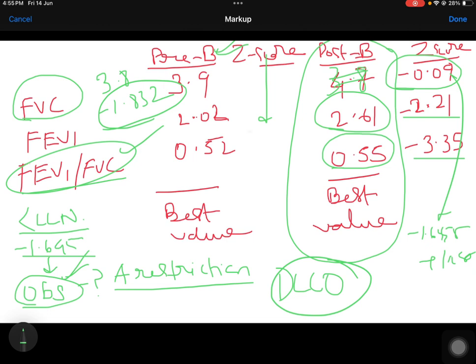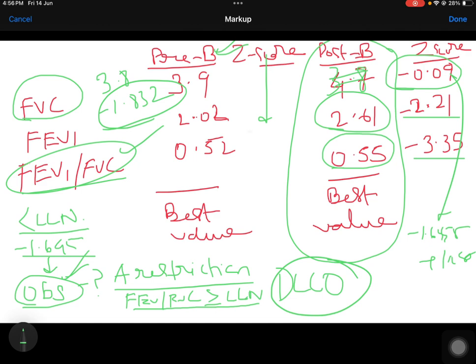Now suppose we get the FEV1 by FVC ratio that is more than or equal to the lower limit of normal. In this scenario we get only 2 differential diagnoses.